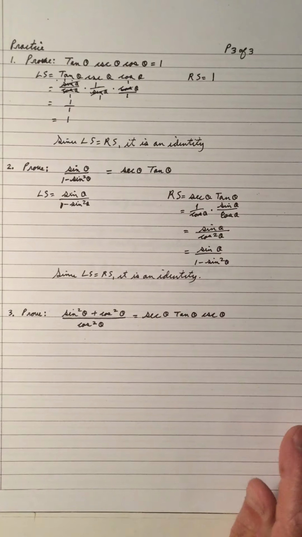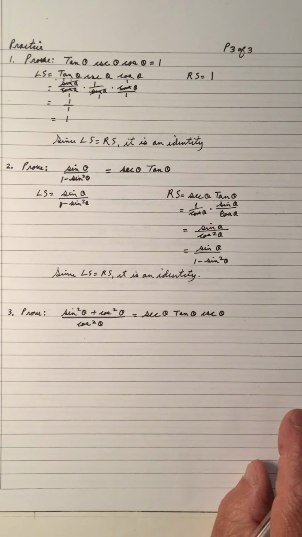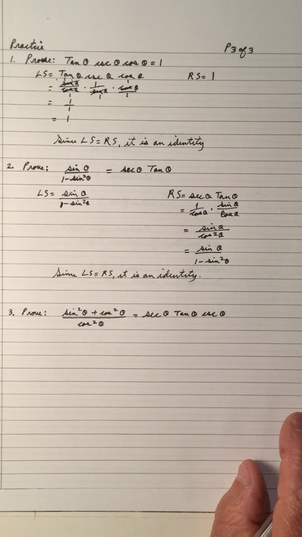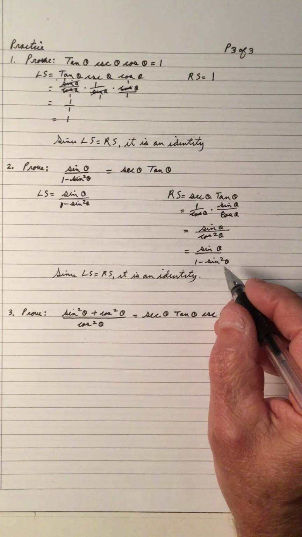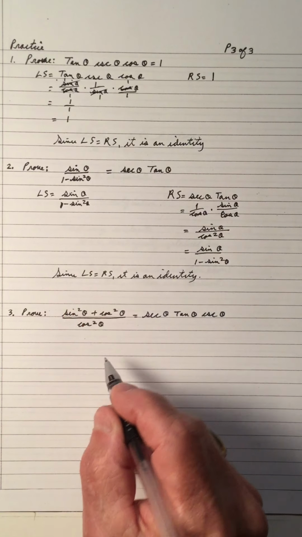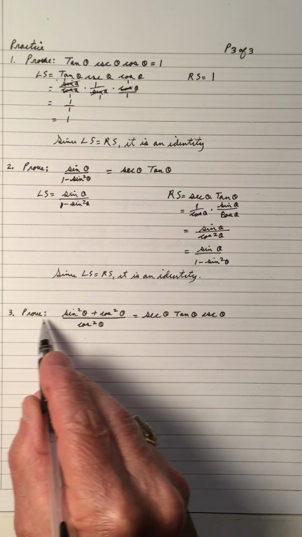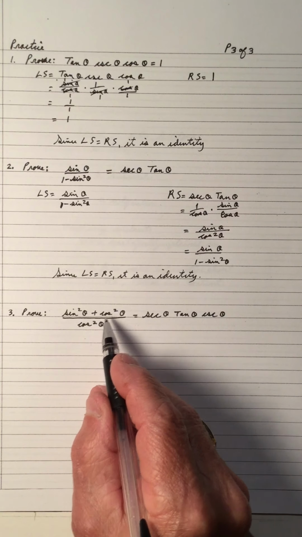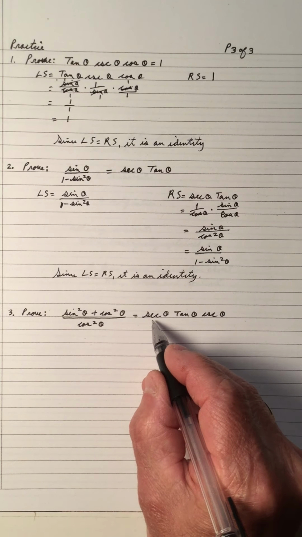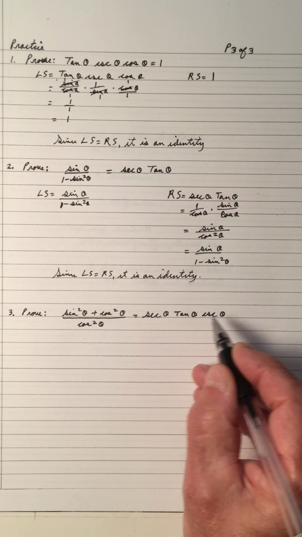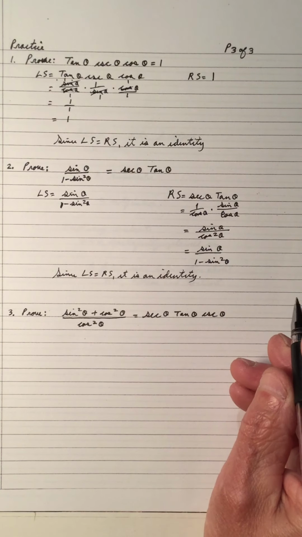So I kept these pretty simple so far to show you what to do. But as I do the next couple of videos, they'll get tougher and there are skills that you practice to work these out. And number 3, prove sine squared plus cos squared over cos squared is equal to secant times tan times cosecant theta.